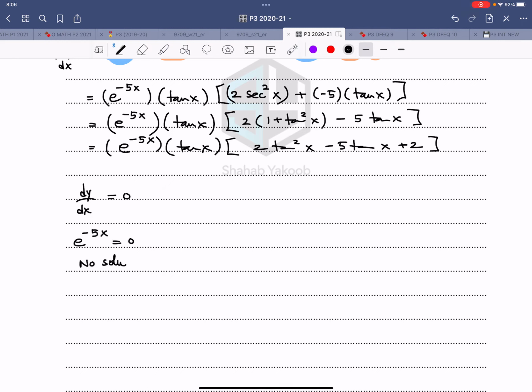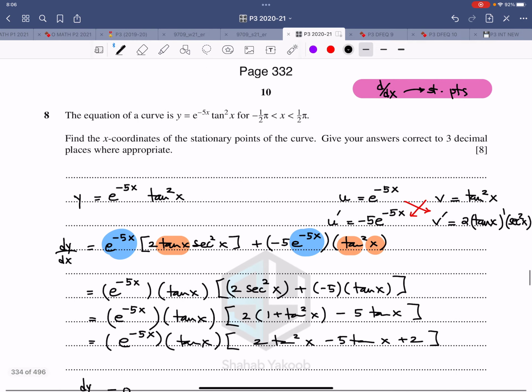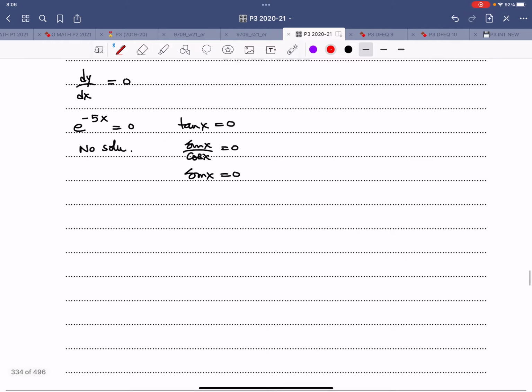Tangent x equals 0, so sine x over cosine x equals 0, sine x equals 0. Between this range, where is sine 0? Therefore x comes out to be 0 radians. So this is one answer that you get.